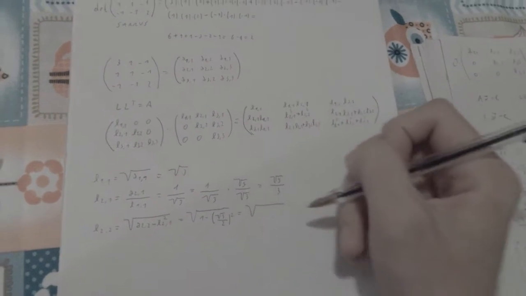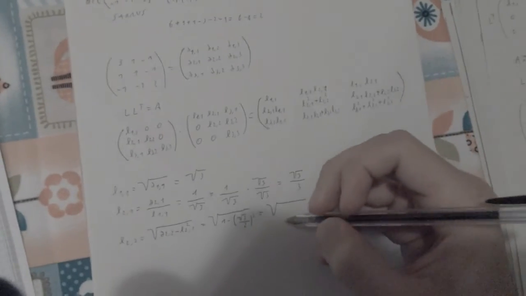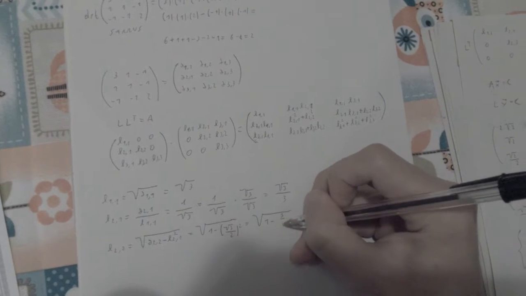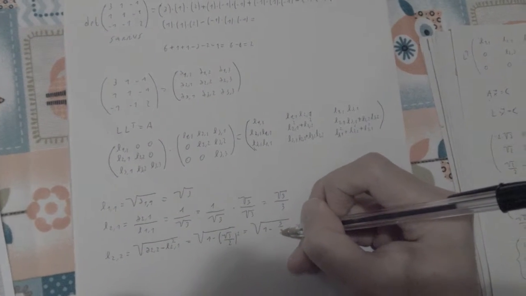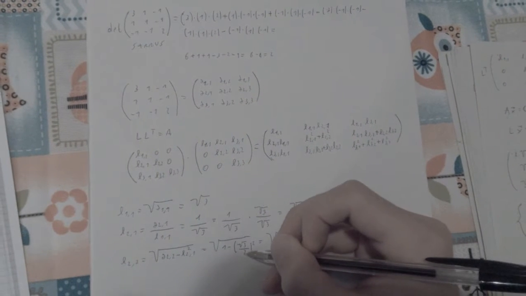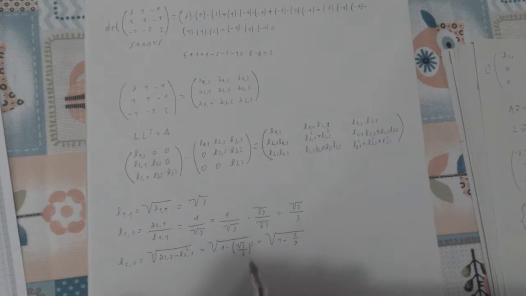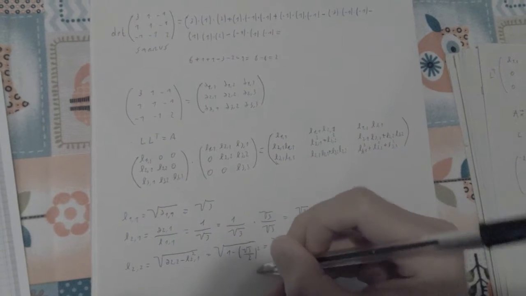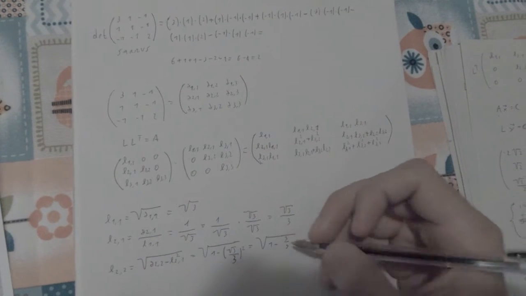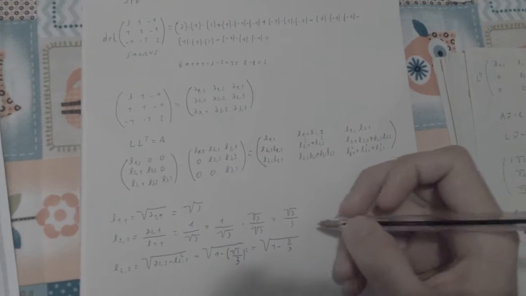It's going to give us 1 minus 3 over 9. I'm sorry, this was square root of 3 over 3, not over 2. So square root of 3 over 3 squared, so 3 over 9.